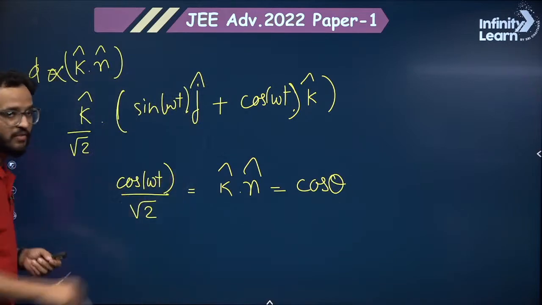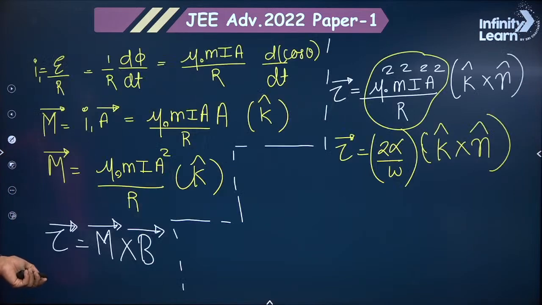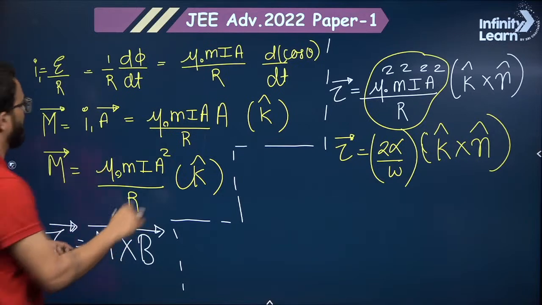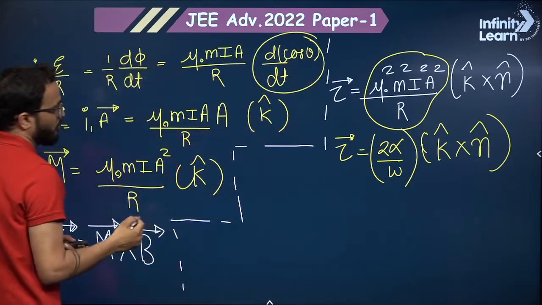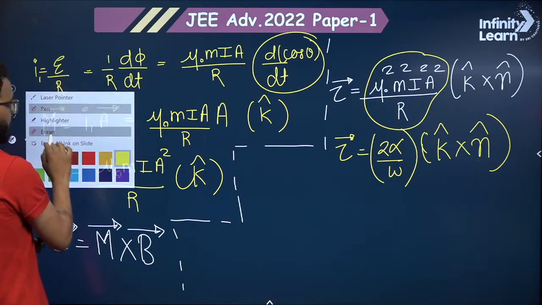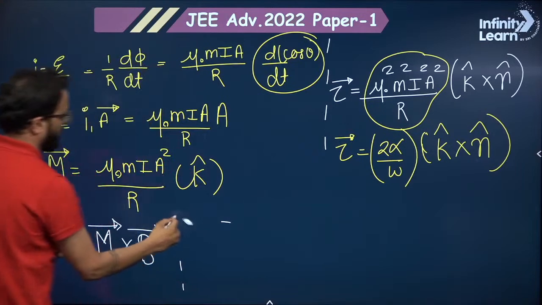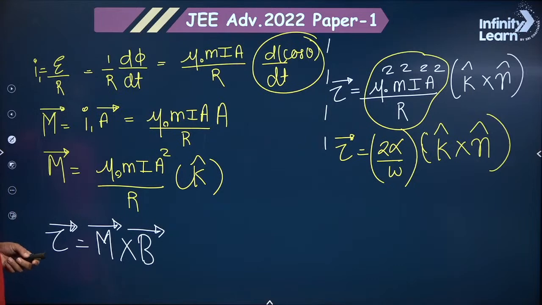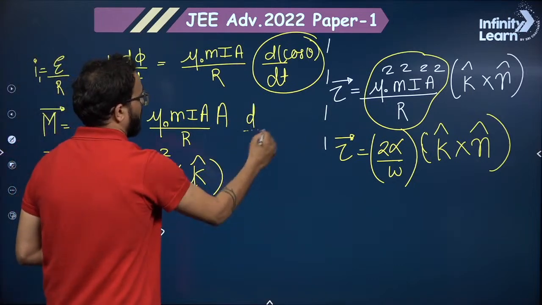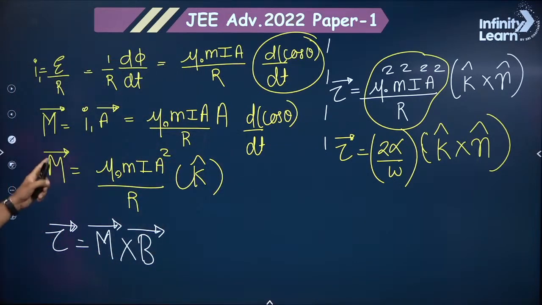So cos omega t by root 2 is our cos theta. Now, in all these options, d theta by dt we left, na? d cos theta by dt. I forgot to place this value everywhere. It should be placed. This value should be placed here, right?